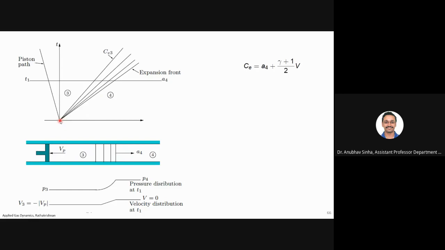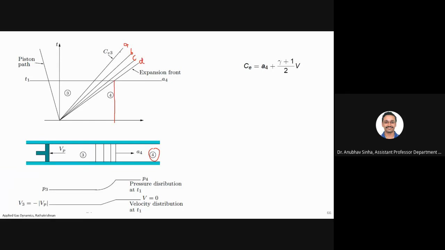They all started from here at t1. Let us say this is the x-axis. Basically these are 1, 2, 3, 4, so 4 waves are there. Let us name them A, B, C, D for our convenience. Wave D is here.